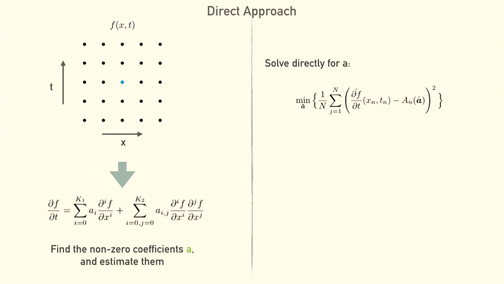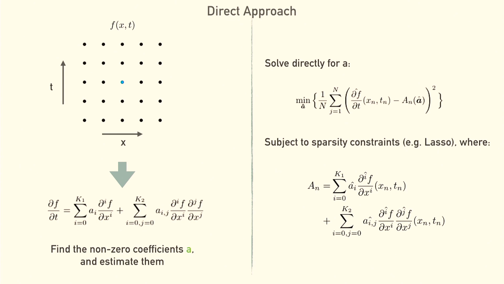And so then the idea is we set up the following minimization problem, where we first compute the temporal derivative directly from the data set, and then compare this to the possible complete set of our spatial derivatives, which we again estimate directly from the data set using techniques such as finite differences.